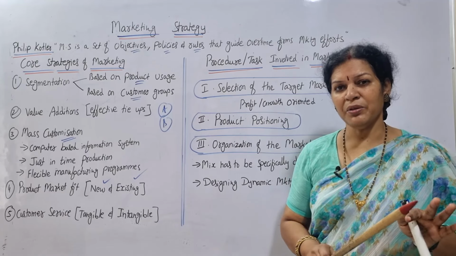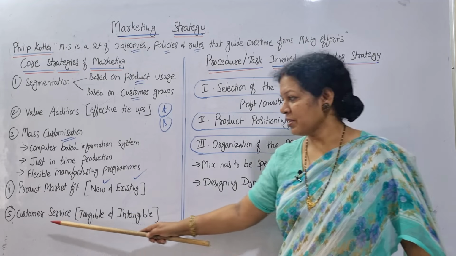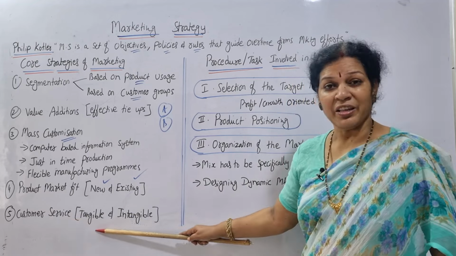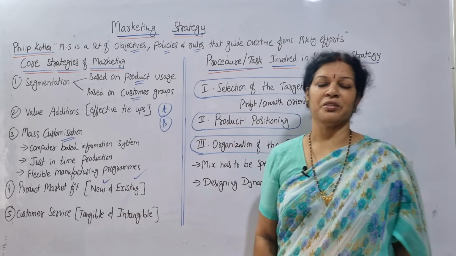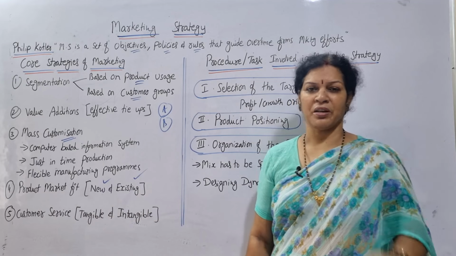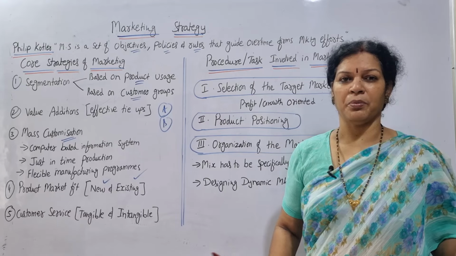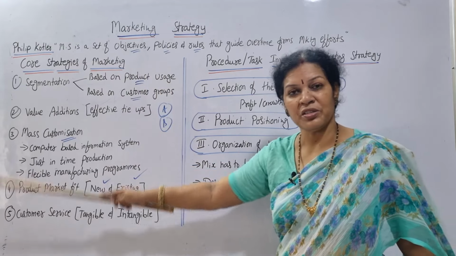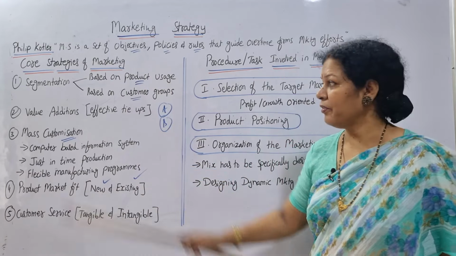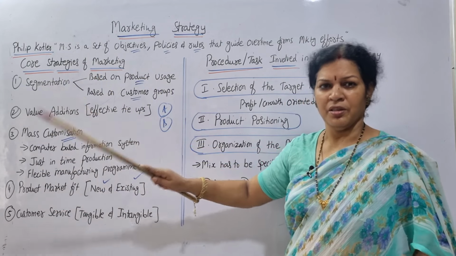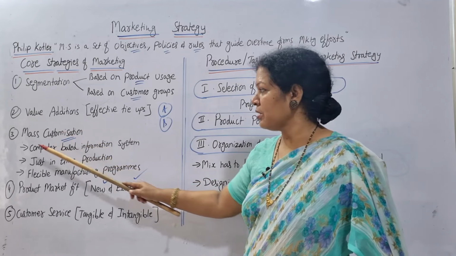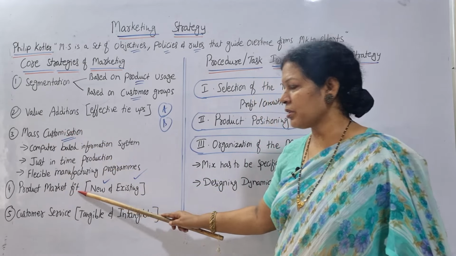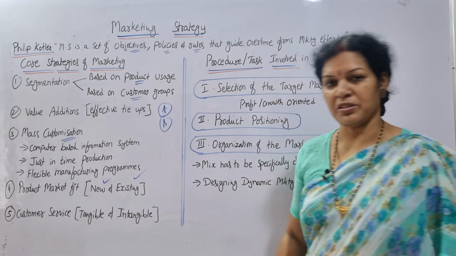Whenever you go for customer services, remember whether our products are tangible or intangible. A tangible product is visible. Intangible means they want some services. Those services also you have to give promptly. So these are the main core strategies of marketing. 5 areas: segmentation, where you identify different areas, and value additions, mass customization, product market fit, and customer services.